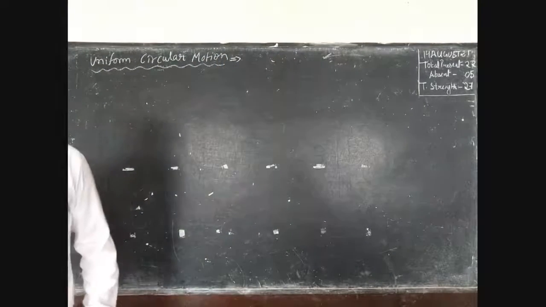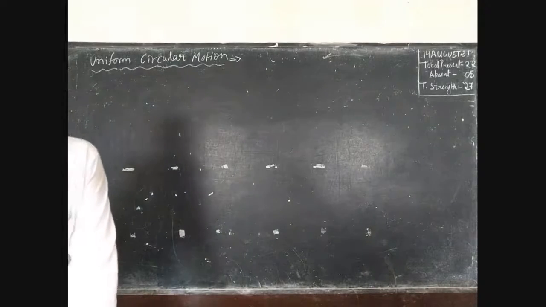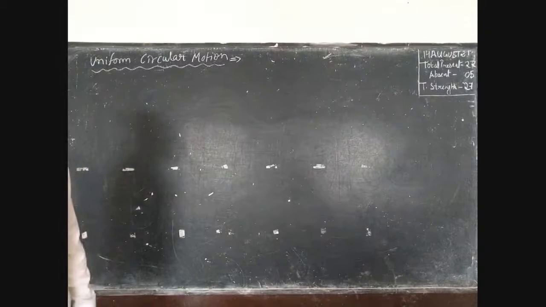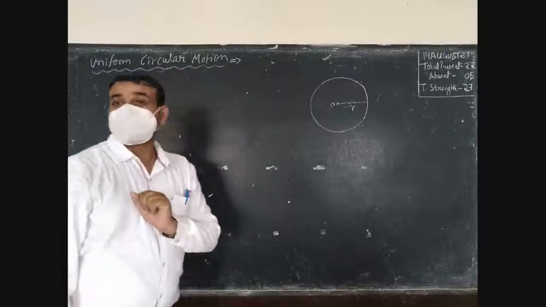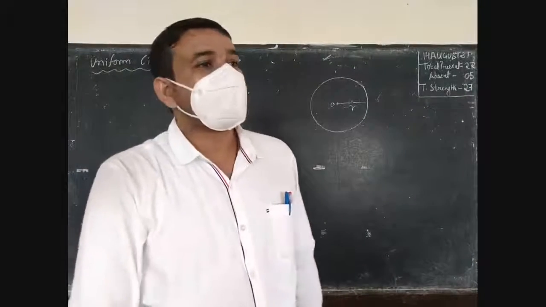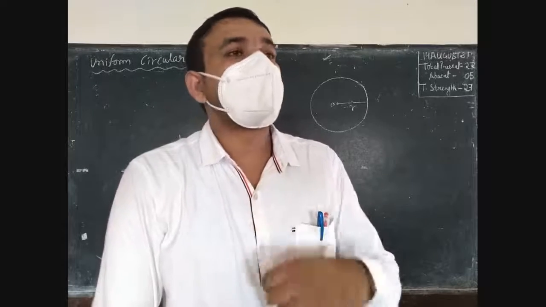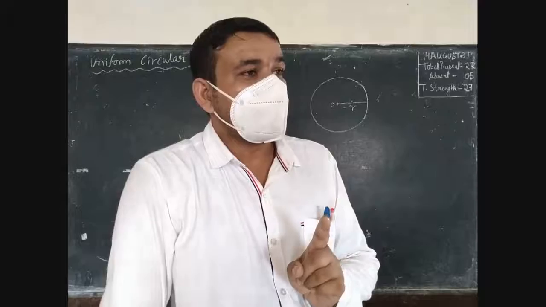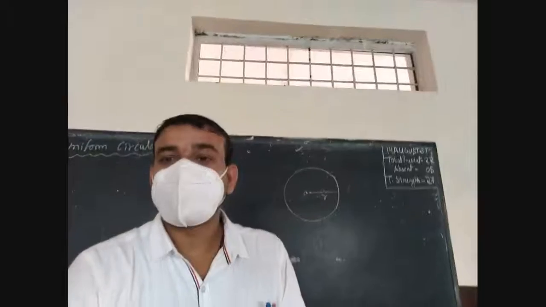When we discuss uniform circular motion, first I want to ask some questions to all of you. What did you understand about uniform circular motion? Okay. Now we will start to learn about it. The important thing to know is that when a particle is executing uniform circular motion, its speed is constant with time.